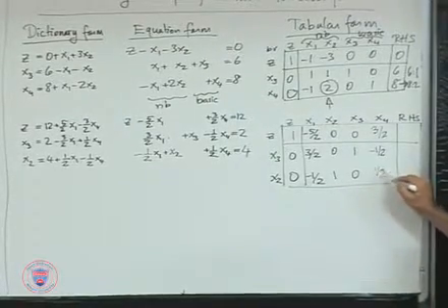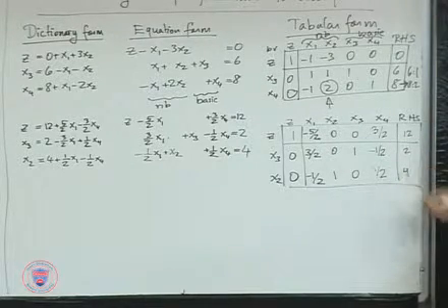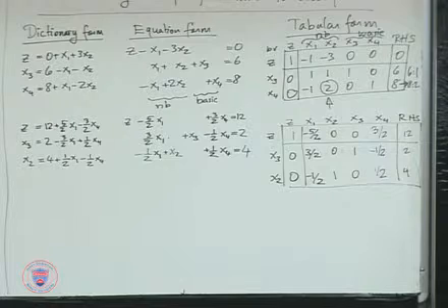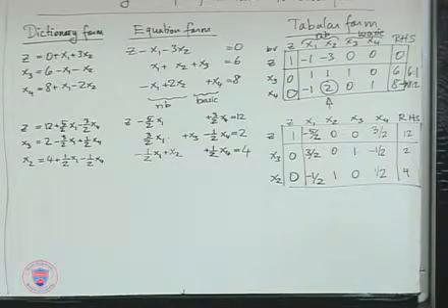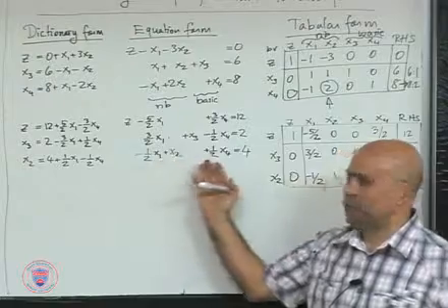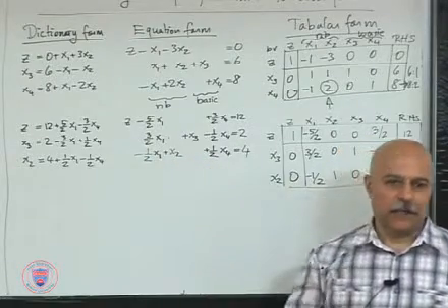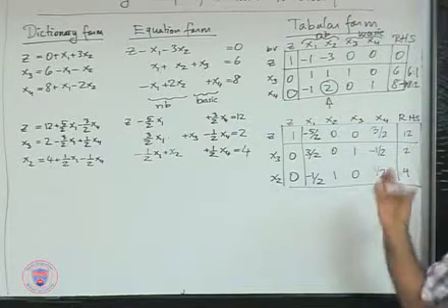What is this? 1/2. And then you have 12, 2, and 4. All right, you should work on the pivoting operations because normally you're not going to have the information for the dictionary form and the equation form in carrying out these operations. You only work from one tableau to the next one.